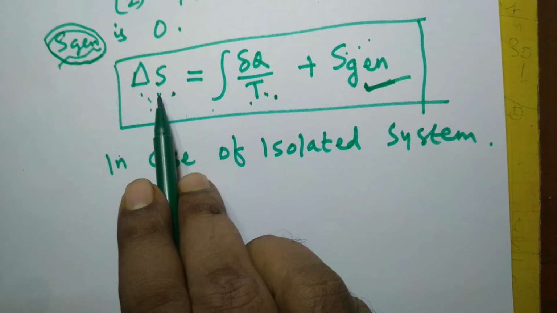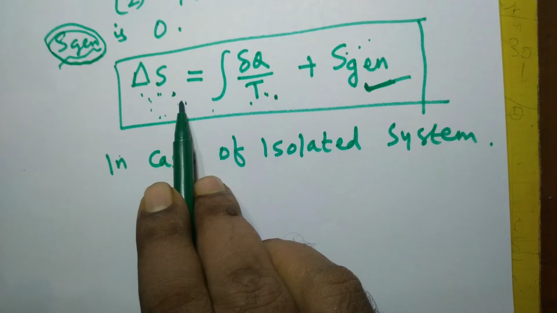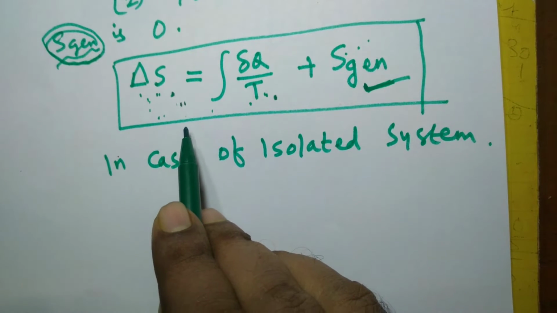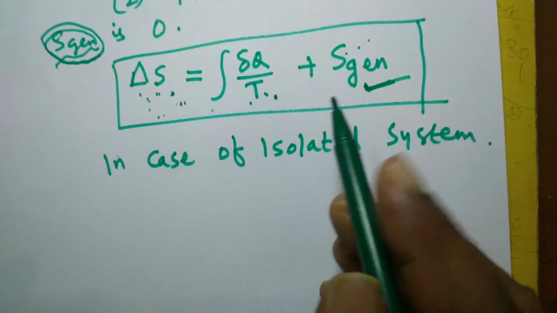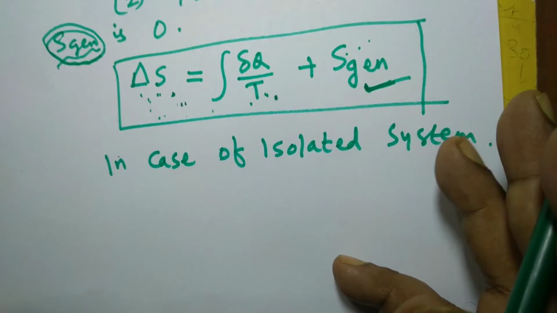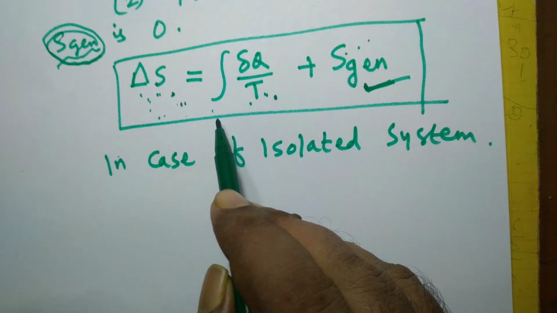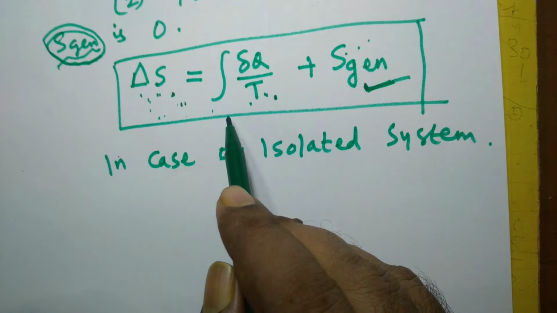Since we are already discussing the closed system, which means there is no mass transfer, if in a closed system neither heat nor work interaction takes place, then it is converted into an isolated system. And you know, there is no entropy transfer with work transfer. Entropy is transferred only with heat transfer.